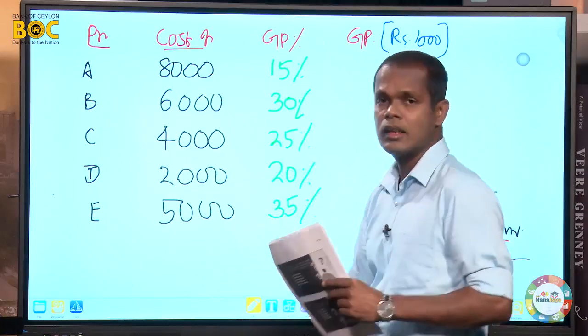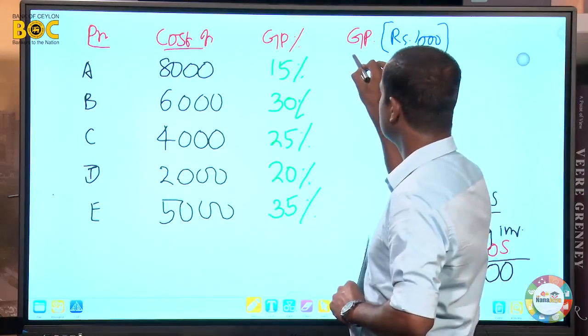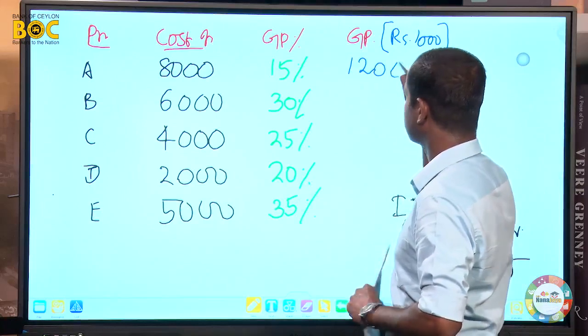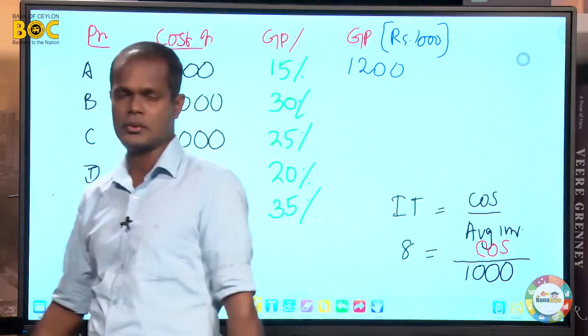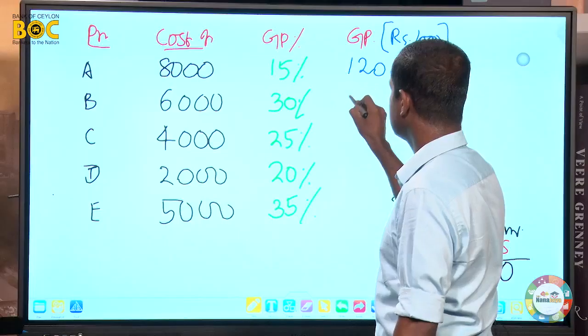Cost of sales 8,000 into 15% is 1,200. Now calculate the same way for the other products: 6,000 into 30%.